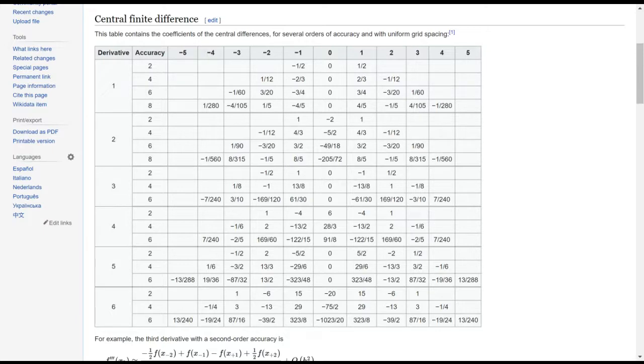Hello? All right, let's resume. Let's look at the next computational or numerical exercises, which discusses using finite difference approximations to solve the one-dimensional heat equation.